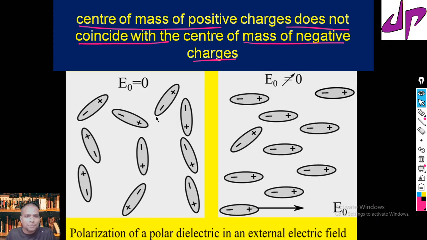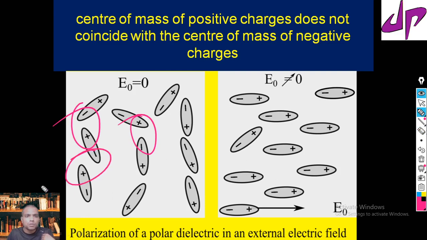In the absence of the electric field, these molecules are randomly oriented, because of thermal agitation. That happens automatically. So they are randomly oriented, and if you observe, the positive and negative charges of two opposite molecules make them electrically neutral overall.